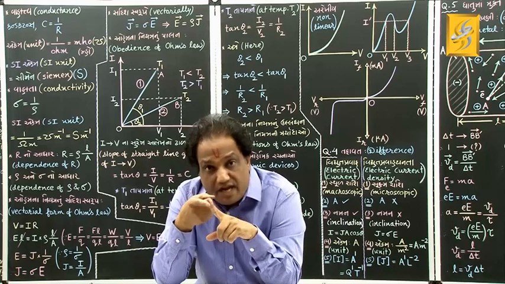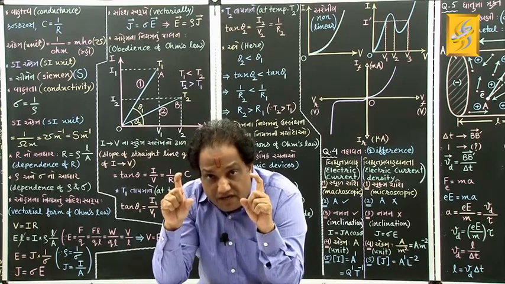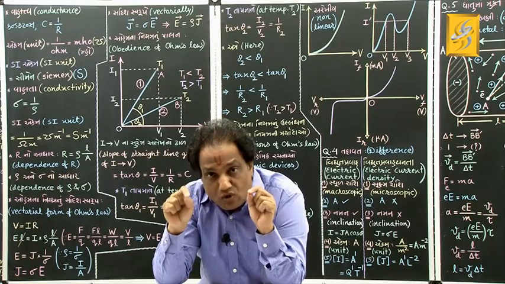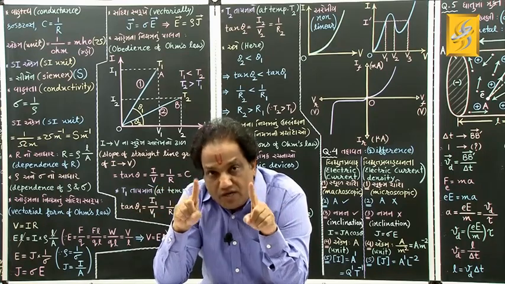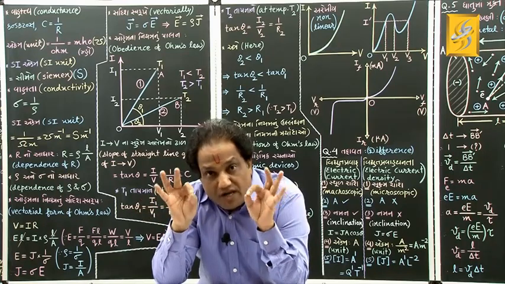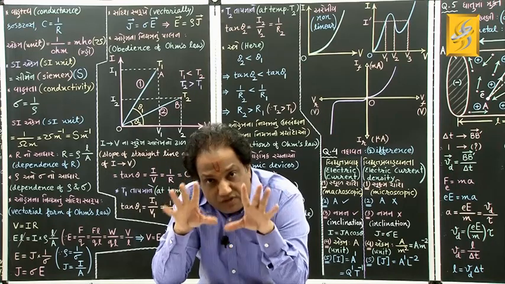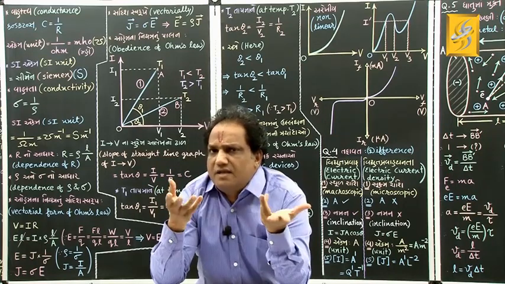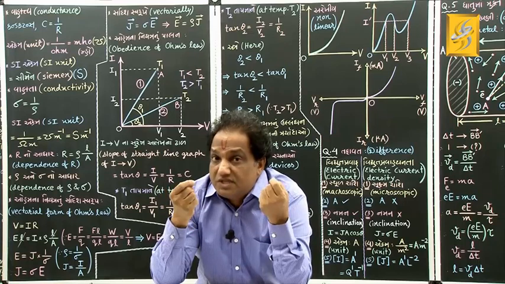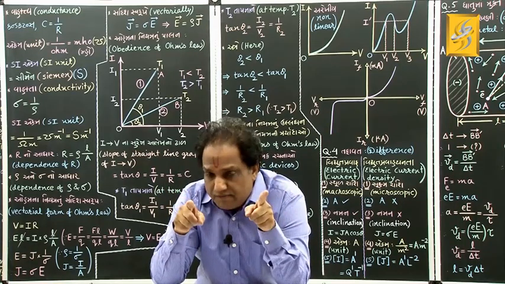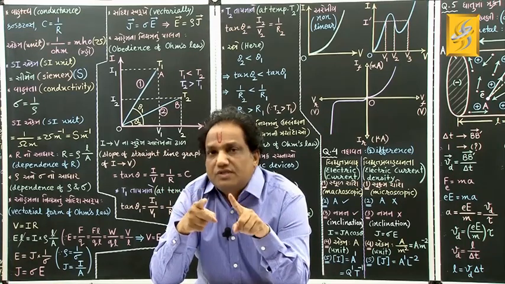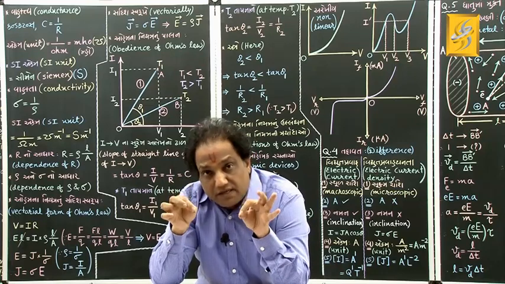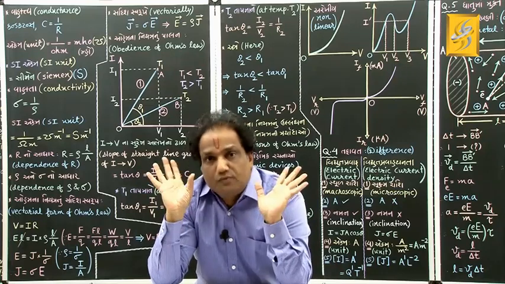So if you want to check practically whether a given conductor obeys Ohm's law or not, all that you have to do is to plot a graph of current versus voltage for that conductor. If you get a graph which is a straight line passing through origin, then you can say that the conductor obeys Ohm's law.